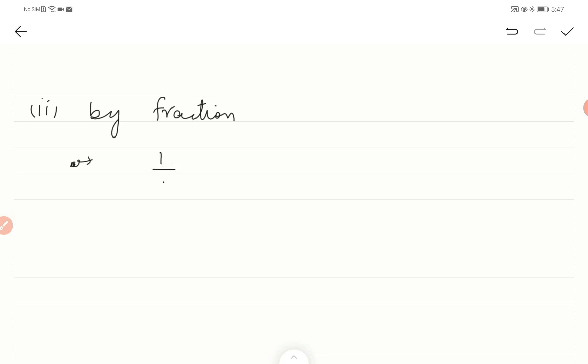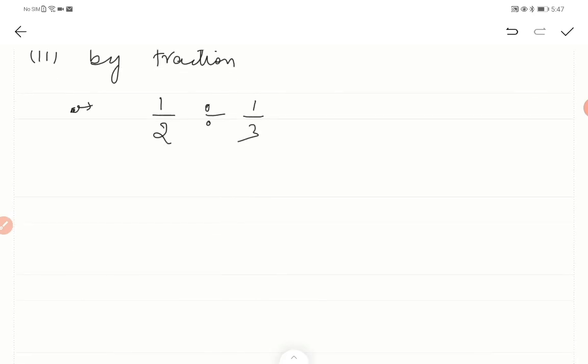I have 1 by 2 divided by 1 by 3. Just convert this into multiplication. Half into the reciprocal of 1 by 3, which is 3 by 1.